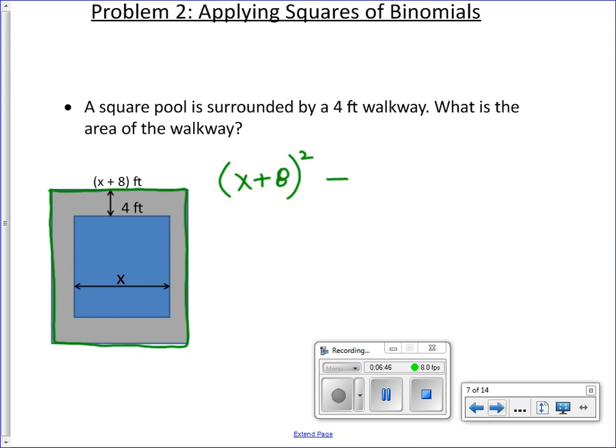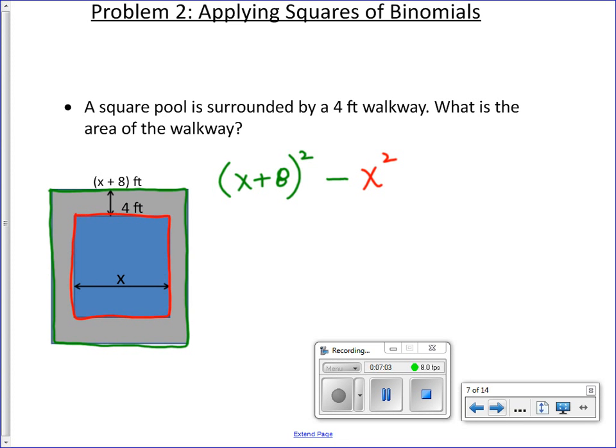And then we're going to subtract out the area of the smaller square, which is x by x, and that would simply be x times x is x squared, and subtract that out.